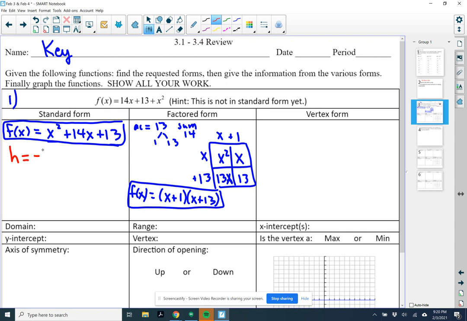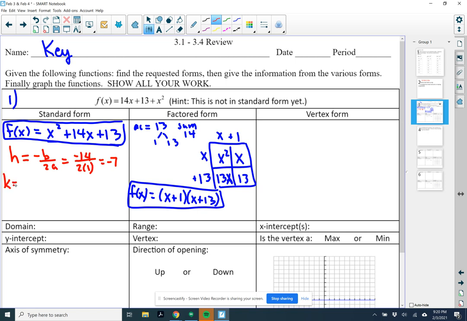H is negative b over 2a. And when I have it in standard form, that's where I'm going to find the b and the a. B is the 14. A is the 1 that's in front of the x squared. That's negative 14 divided by positive 2. Negative 14 divided by 2 is negative 7. So that's the x coordinate of the vertex.